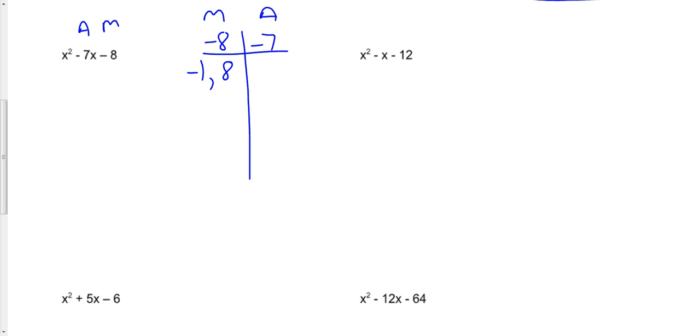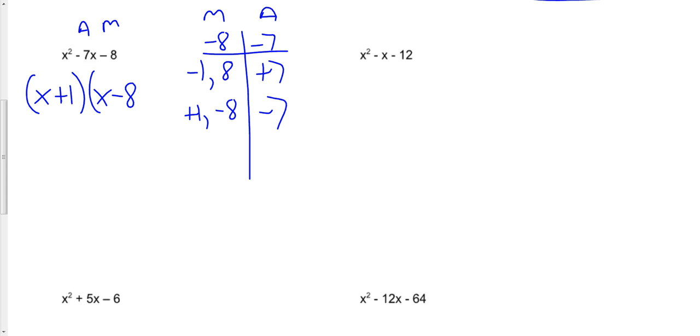If I add those things together, that ends up at positive 7. So if I need negative 7, I'm going to flip it. I'm going to do positive 1 times negative 8, and that's going to end up as negative 7. So that tells me that this factored form is going to be x plus 1 times x minus 8.